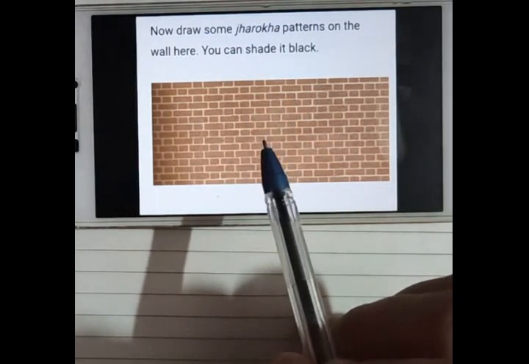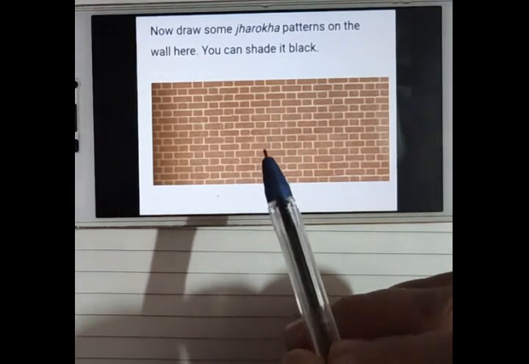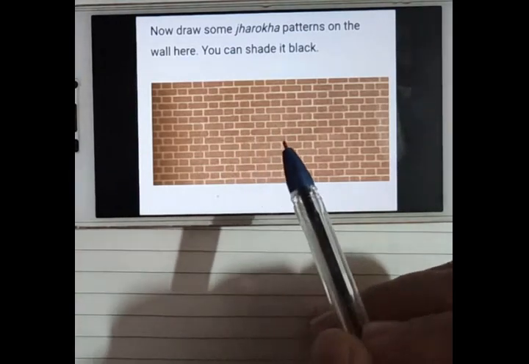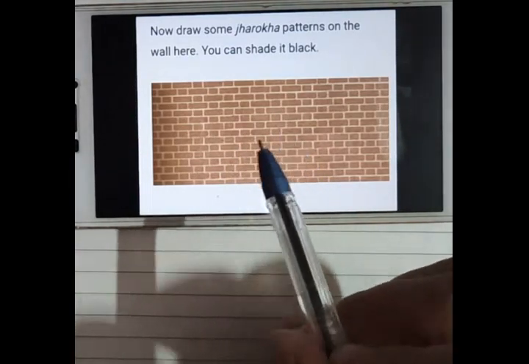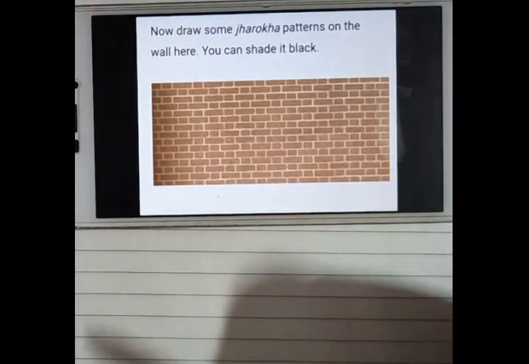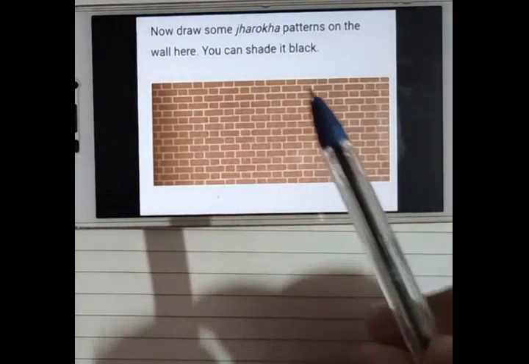Many of us don't know what a jharokha is, isn't it? Jharokha is a design or pattern that we can see in temples and in the balconies of some Raja and Maharaja in earlier days. Right now we will not see it many times, but when we visit a monastery or an earlier kingdom temple, there we will see the jharokha pattern.